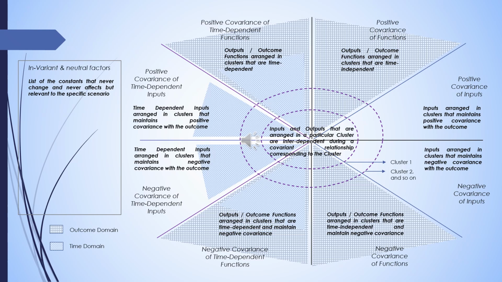If another instance introduces different inputs or additional functions, that becomes a separate cluster. By comparing clusters, patterns emerge: what stays constant, what changes, and what truly differentiates one scenario from another. Those differences often reveal leverage points, constraints, or innovation opportunities.